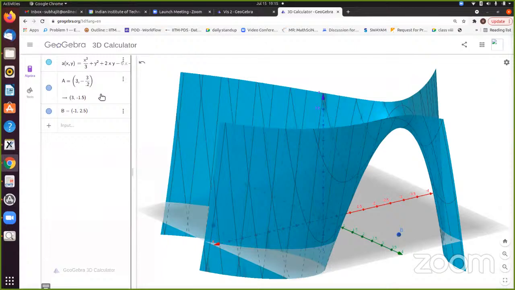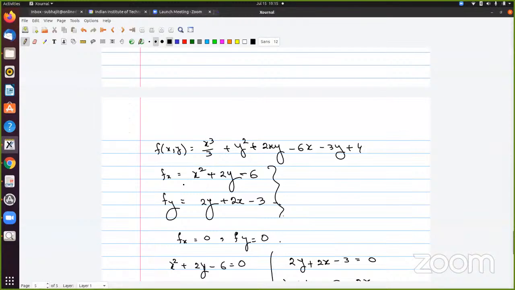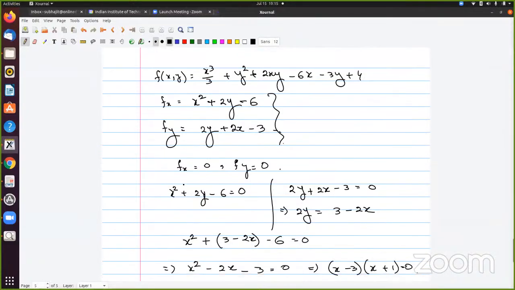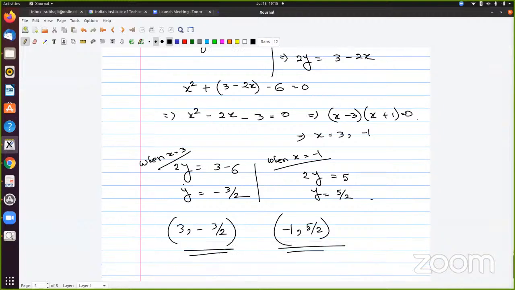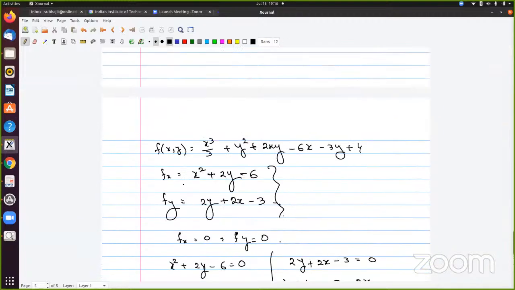Can someone calculate it? What is the value? So if we put the first one, (3, minus 3 by 2), what should be the value? Is it really complicated?